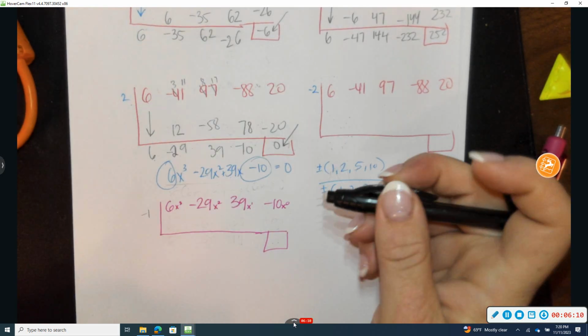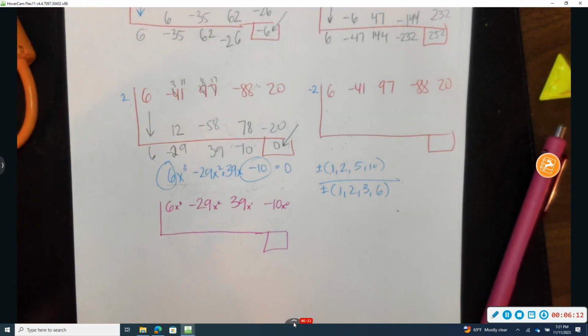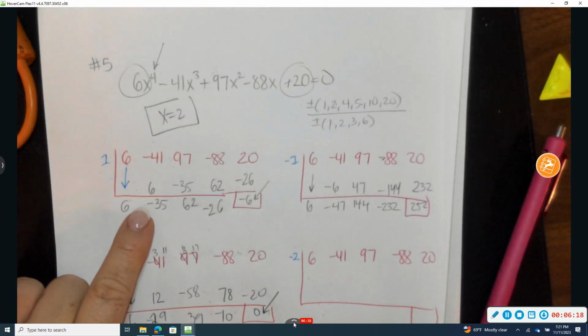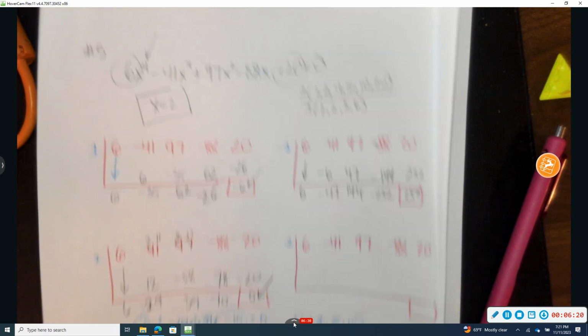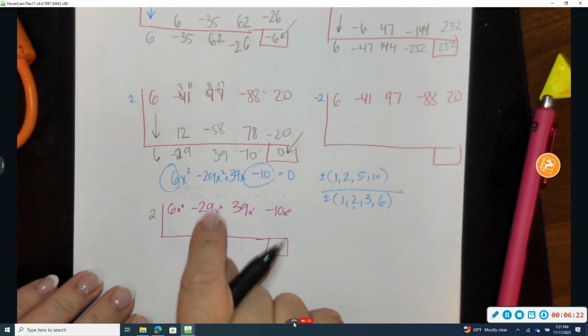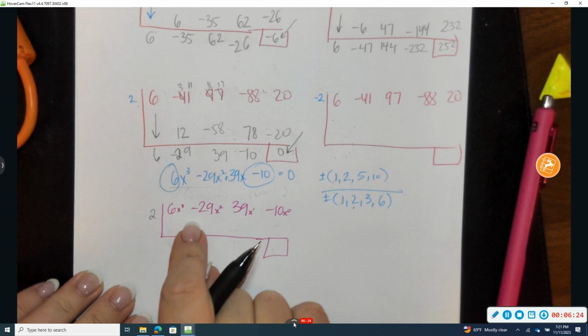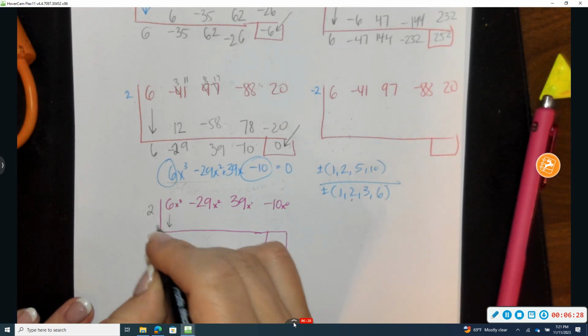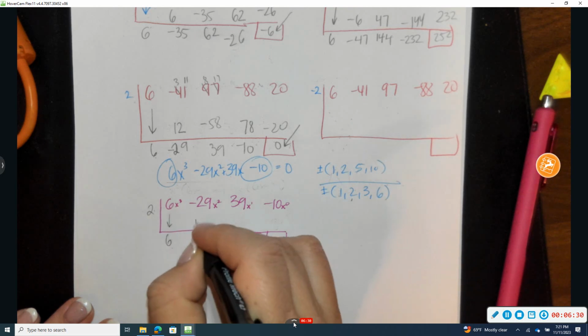That would make sense because they didn't work for the initials up above, so it would make sense they wouldn't work for this piece. Let's try 2. Again, 1 and negative 1 didn't work up here. That makes sense since this is a part of the original equation that's also not working. Let's try 2. Okay, so drop down, multiply to get 12.